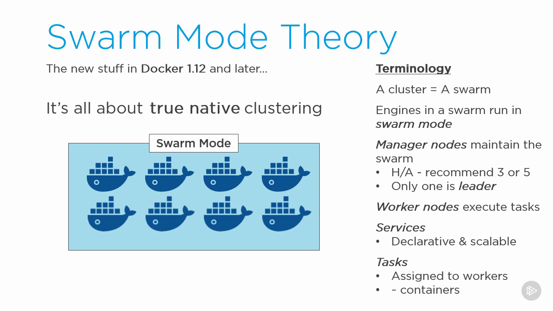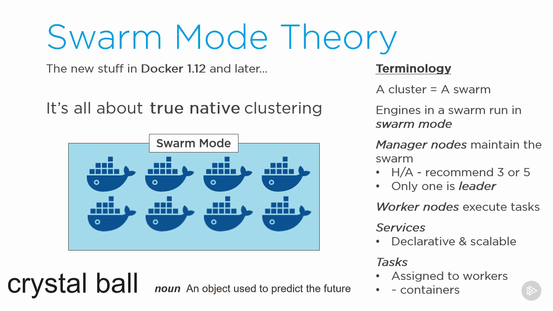Okay, a little bit more, so they include metadata about how to initiate the container and some runtime stuff. But we can pretty much think of a task as being a container. But, and this is crystal ball time here, there's actually nothing technically stopping tasks including other things like unikernels or any other unit of work in the future. It's just right now, tasks mean containers.